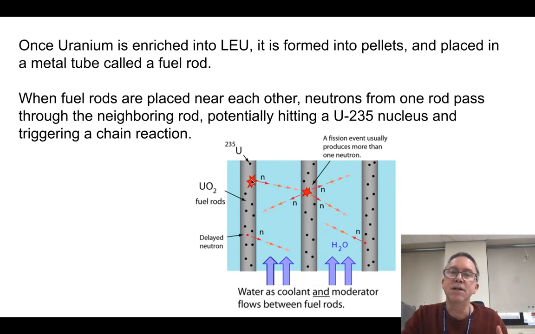But the idea is a neutron leaving one fuel rod passes through another fuel rod and splits a uranium atom there, a uranium-235 atom, and that gives off 3 neutrons, and those neutrons are going to go off in different directions, and then they'll split other atoms, which will send out neutrons. And the name of the game is to try to have a steady stream of fissioning events happening, and that energy is then given off as heat. I can use it to generate electricity. That's the idea behind it.